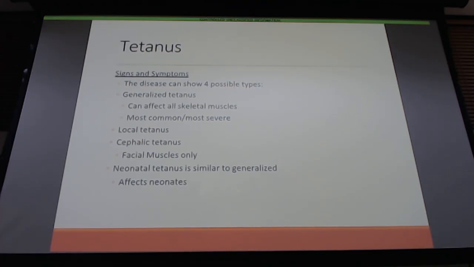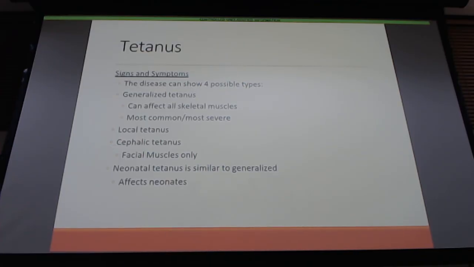And then ultimately, you have neonatal tetanus, which is very similar to generalized tetanus. It just happens in babies. A lot of times, what spurs this on is using a non-sterile scissor to cut the umbilical cords of babies, and that's how they end up getting the tetanus spore for neonates.